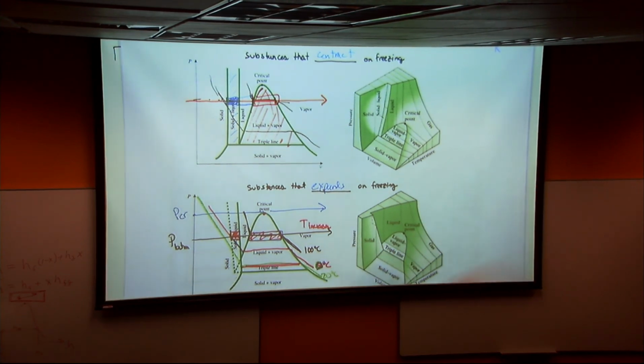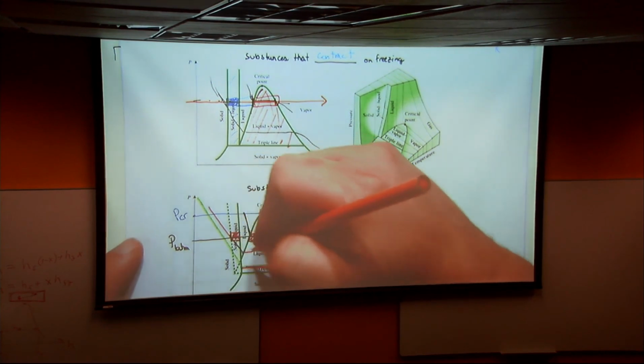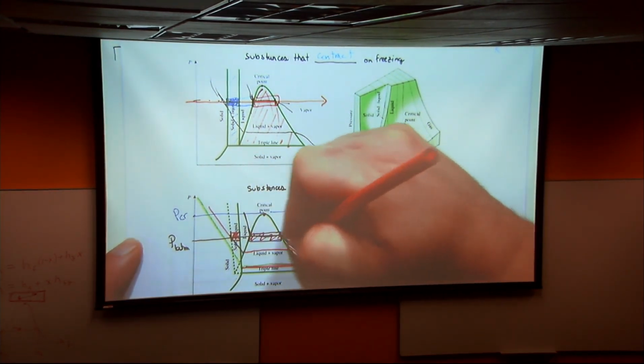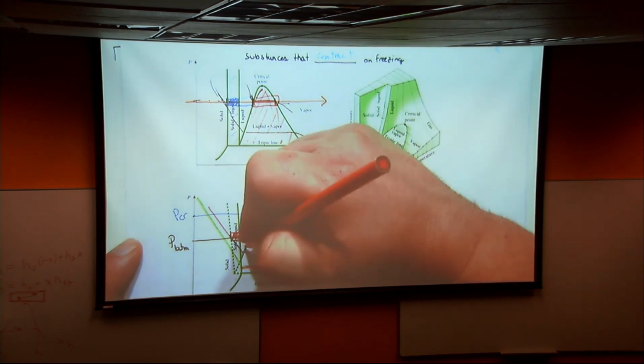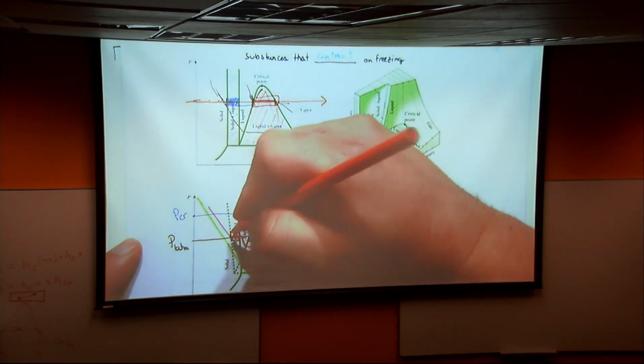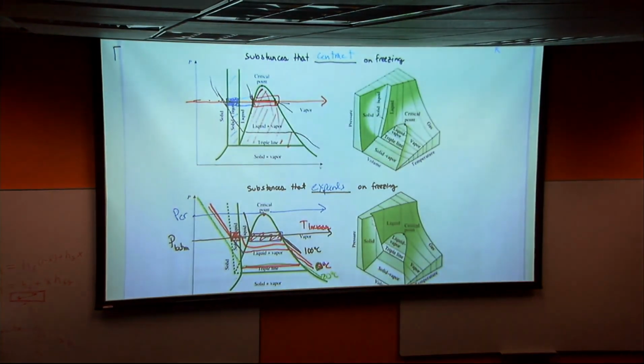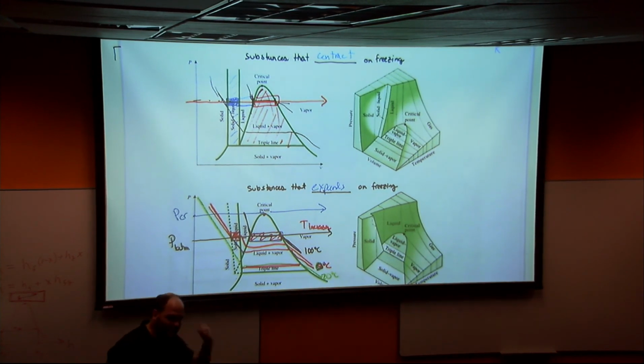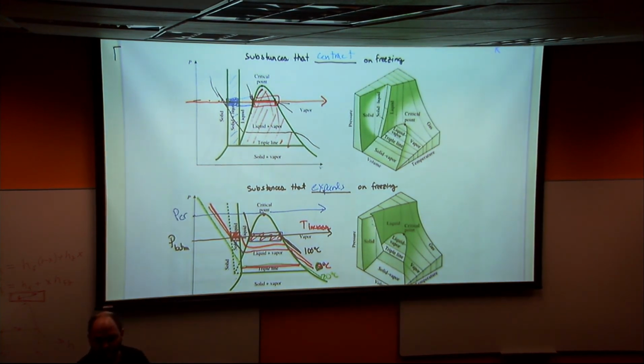Let's just draw an orange one right here. It comes across, comes up, flat, and then comes up. It should be flat because you're going through phase change, and by definition, for equilibrium phase change there's no change in temperature.